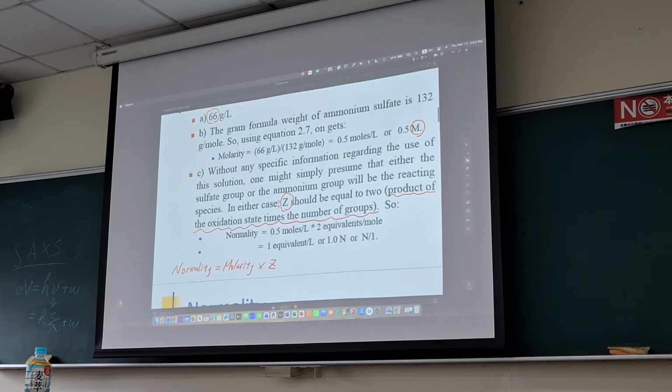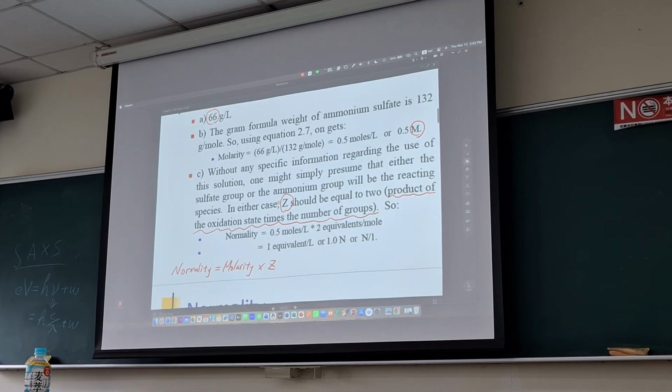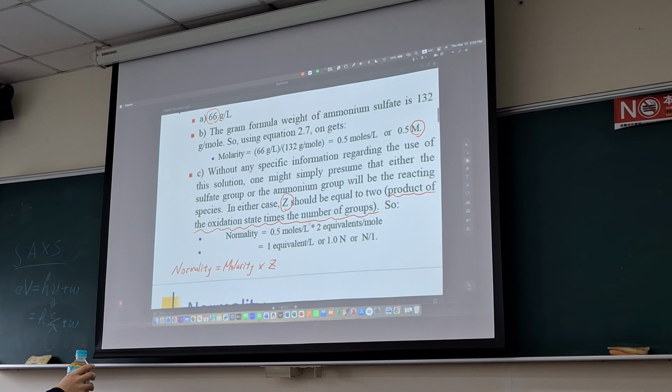In this case, Z is 2. So it's 0.5 times 2, and we get 1 equivalent per liter, or the so-called 1.0 N.